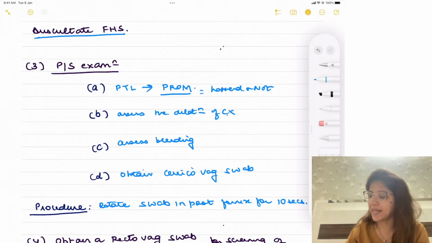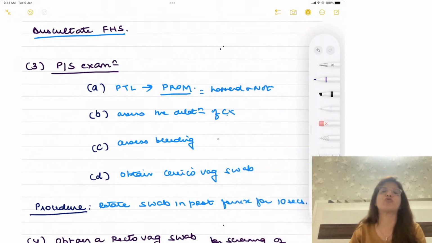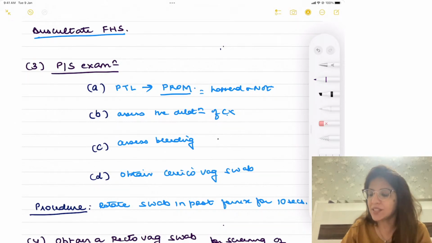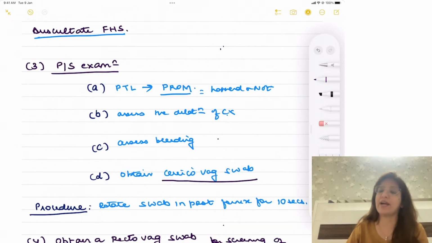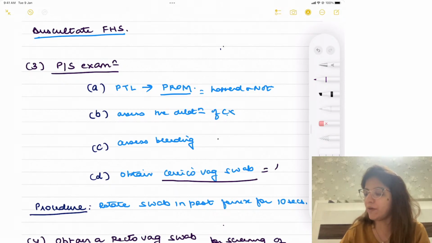Now, please do not say that a cervico-vaginal swab is for group B, GBS, to screen for GBS. A cervico-vaginal swab is not a method for screening for GBS. This cervico-vaginal swab which I am taking is for fetal fibronectin.